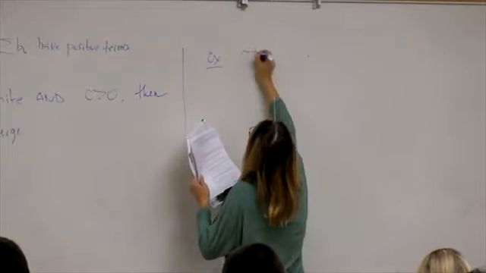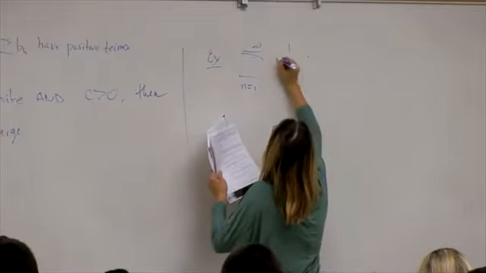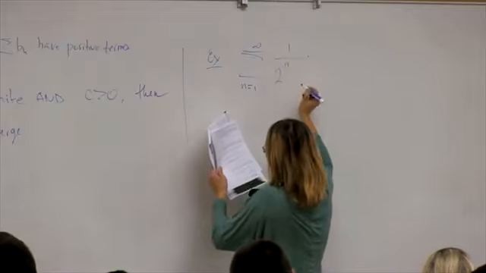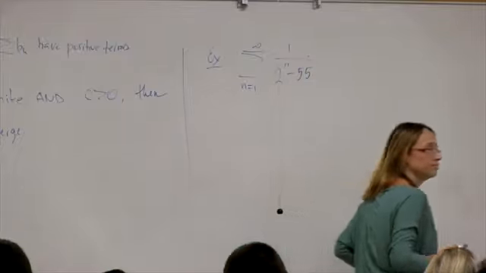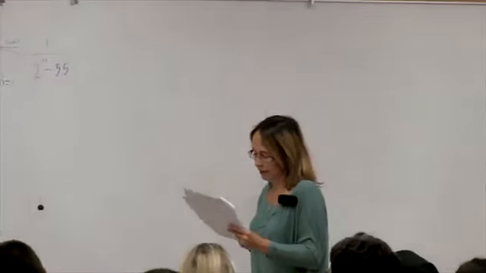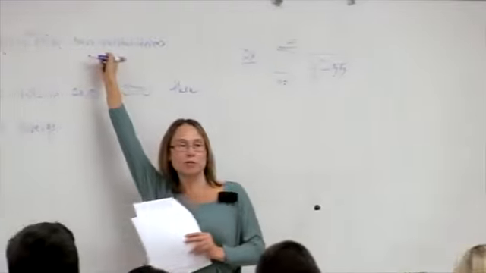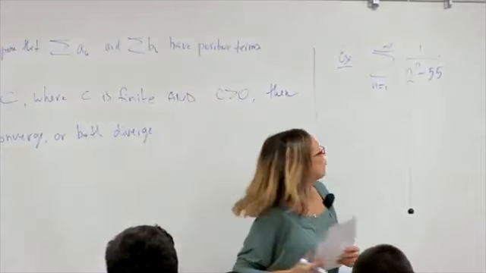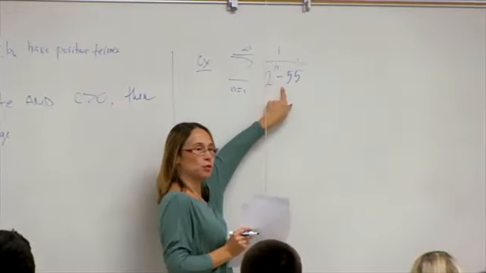So let's look at the following sequence: 1 over 2 to the n minus 55. Okay. So first of all, this thing has to have positive terms. And obviously, this one doesn't have all positive terms.